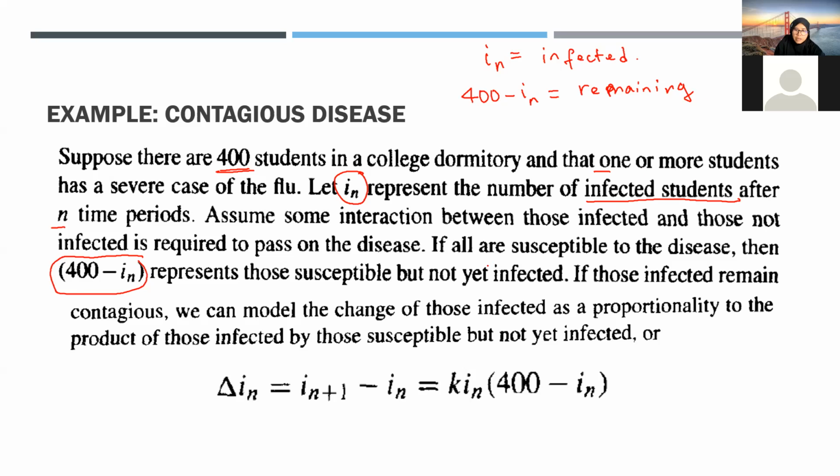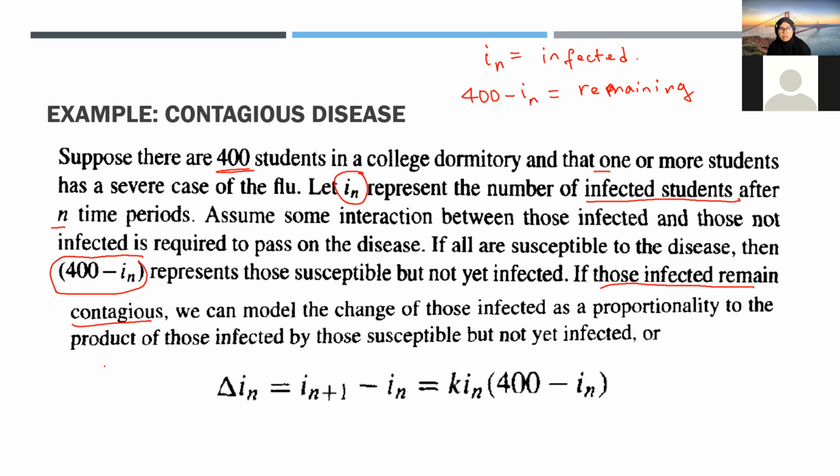So the assumption is that those infected remain contagious, meaning that after 14 days, there is still a probability of them infecting other people. Okay, so this is one of the assumptions.